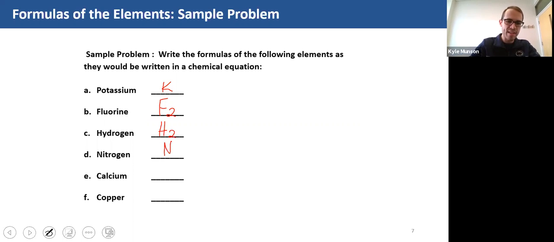Nitrogen also is, so this is going to be N2. And again, I'm just getting this off the periodic table. Calcium is not one of those diatomics. It's going to be capital C, lowercase a, its elemental symbol. And copper is Cu. Again, this is just review of things that we've already learned about these diatomic elements.